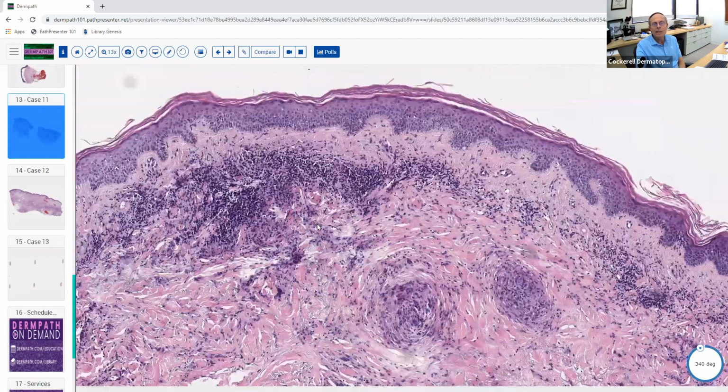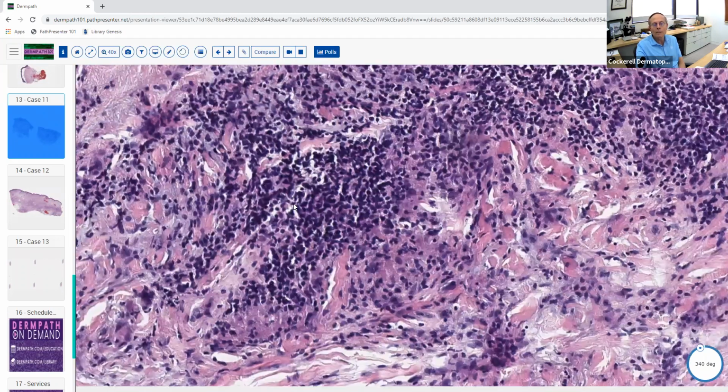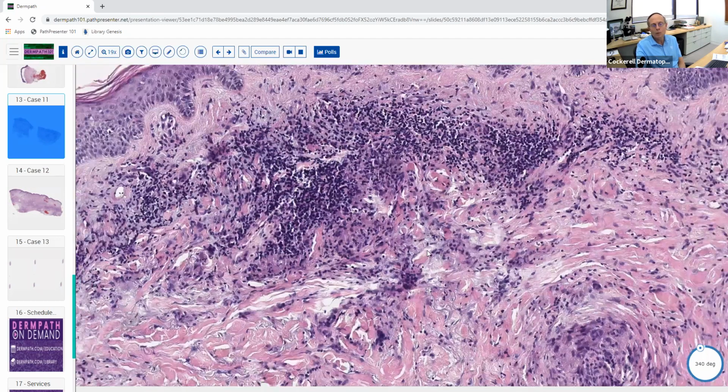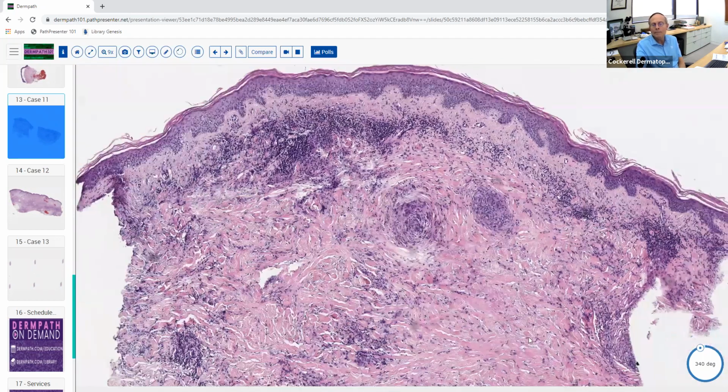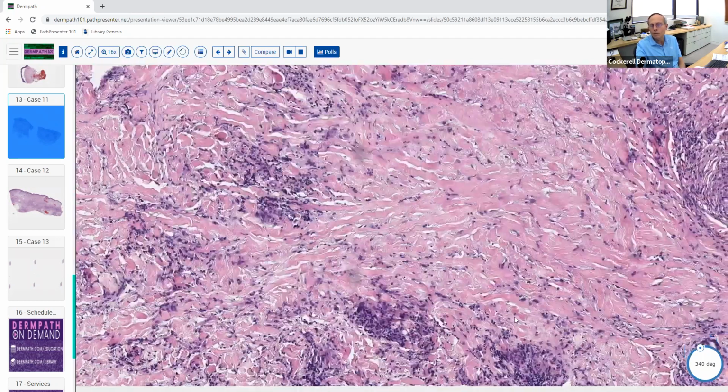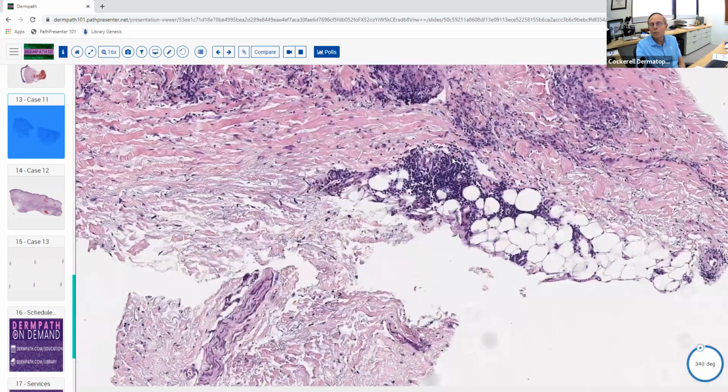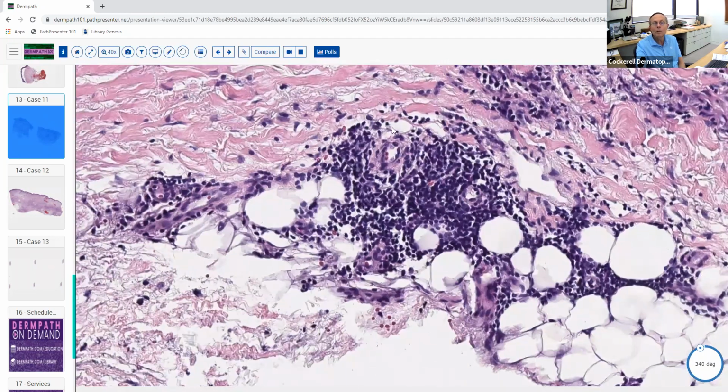And we get lymphocytes and plasma cells in this infiltrate that can be anywhere in the specimen. Superficial, it can be deep, often in the subcutaneous fat and in the junction between the sclerotic collagen and the fat, you'll see plasma cells. You see that in morphea. So again, it's not specific for NLD, but it goes along with sclerotic collagen. So just remember that.